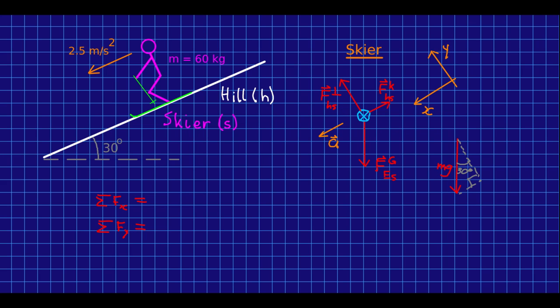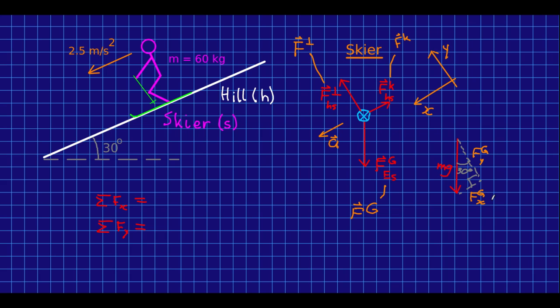Let me simplify my notation. I only have one perpendicular force, and so I'm just going to call it F perpendicular. I only have one gravitational force, so I'm just going to call it Fg. And I only have one kinetic friction, so I'm just going to call it Fk. And so this is Fgx, and this is Fgy.